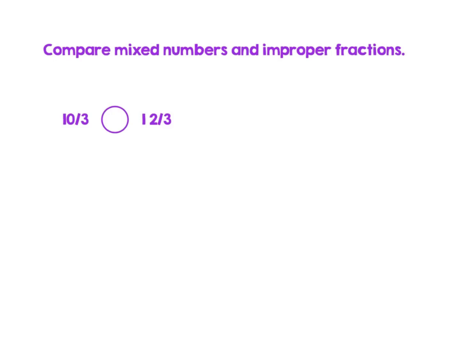So I'm just going to rewrite 1 and 2/3. Now you should remember that my denominator stays, and I'm really going to say that I'm multiplying 1 times 3 and adding the 2 in the numerator. So I'm going to say 1 times 3 plus 2.